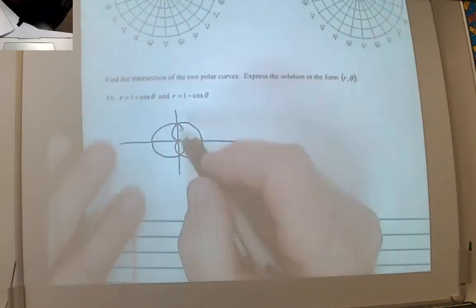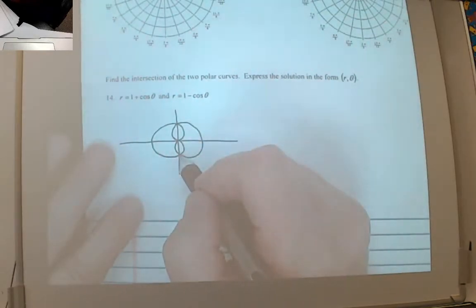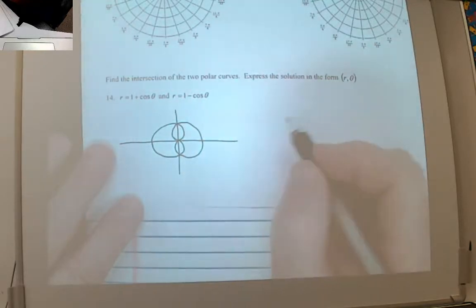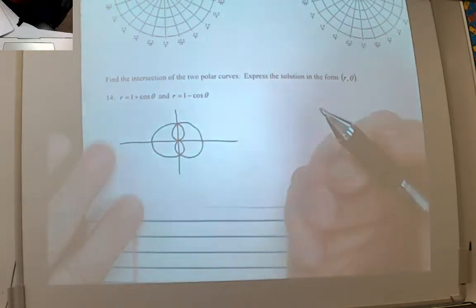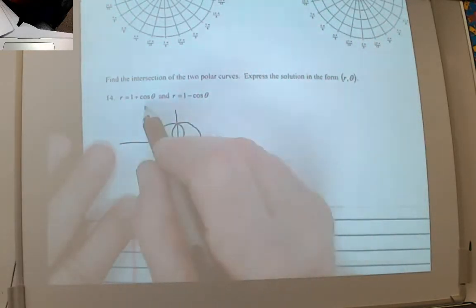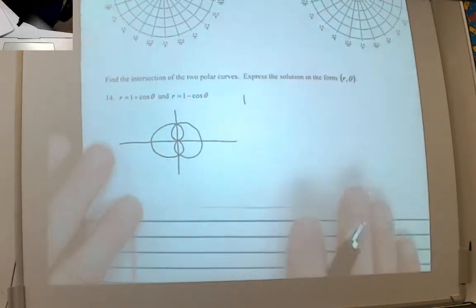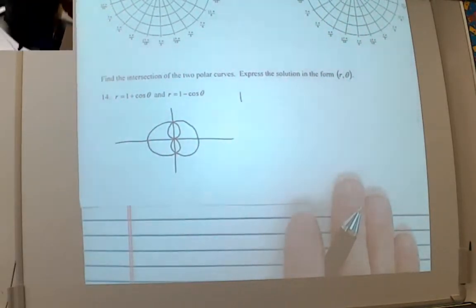So if I look at the drawing, I can see it looks like it has 3 intersection points, correct? All right, so one of the things I'm going to do, just like I do in Cartesian when I'm looking for intersection points, is make those two equations equal to each other.